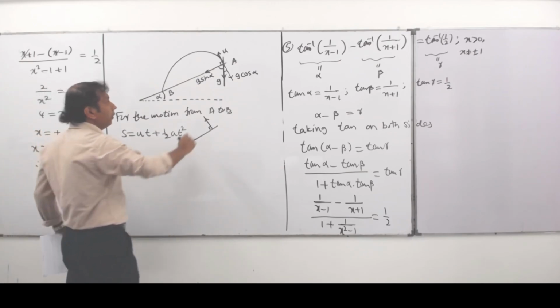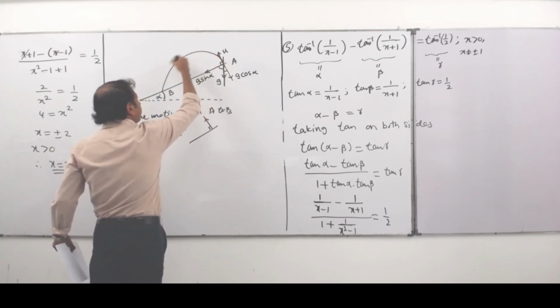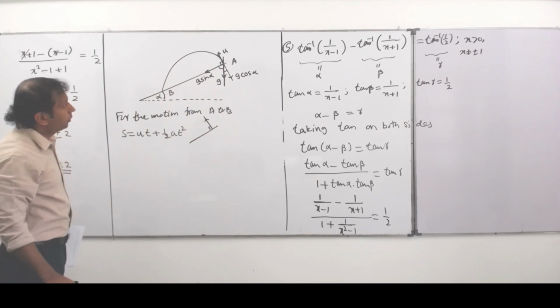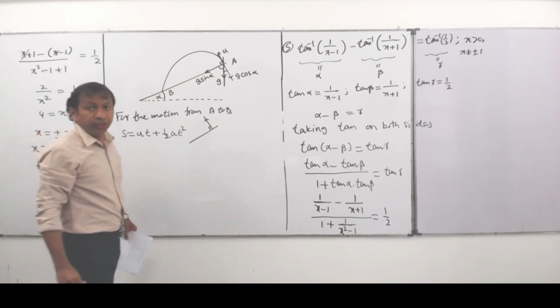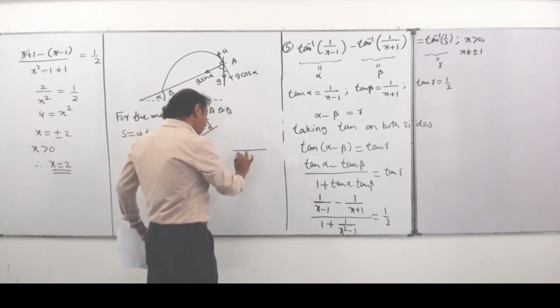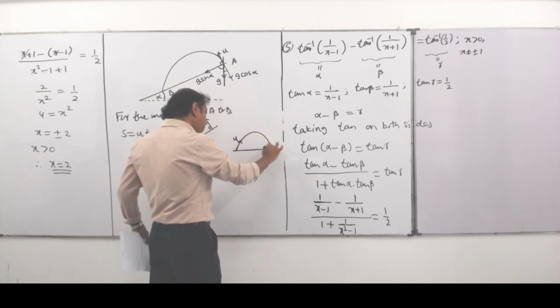Then the displacement of the particle perpendicular to the plane is 0. You know, when we consider this way, this is the ground. Suppose the particle is projected with initial velocity u. The particle comes back to the ground again.